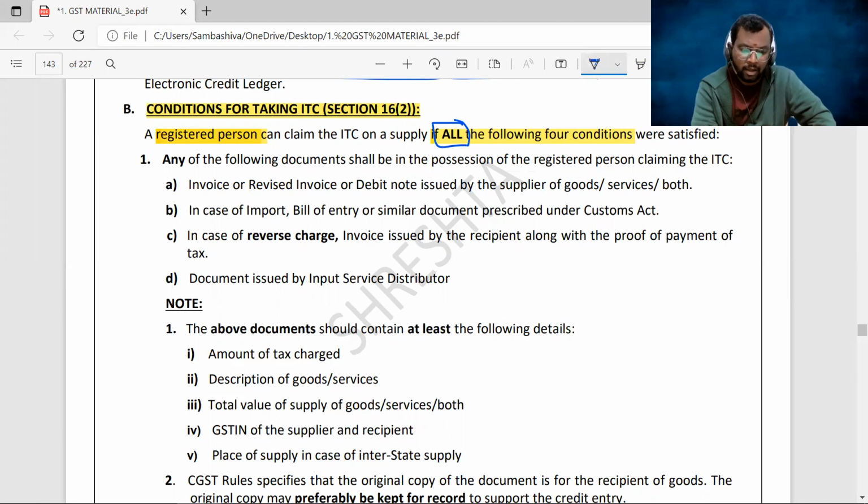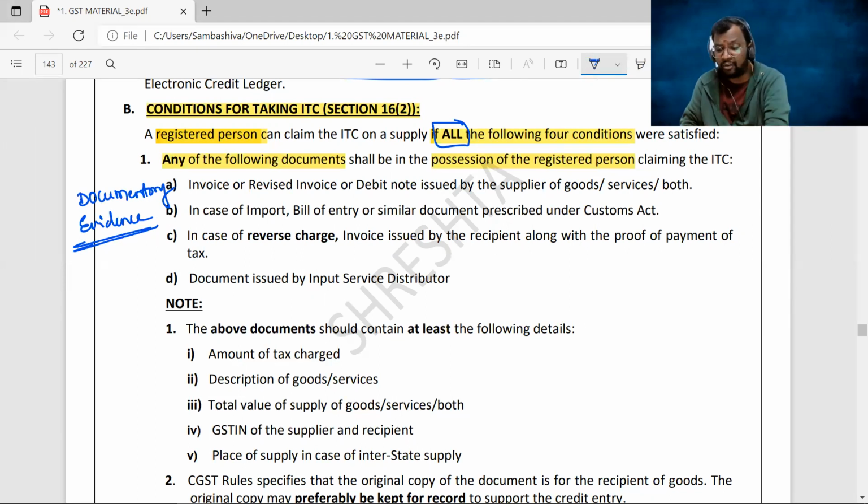Number one, any of the following documents shall be in the possession of the registered person claiming the input tax credit. So, in simple terms, documentary evidence.